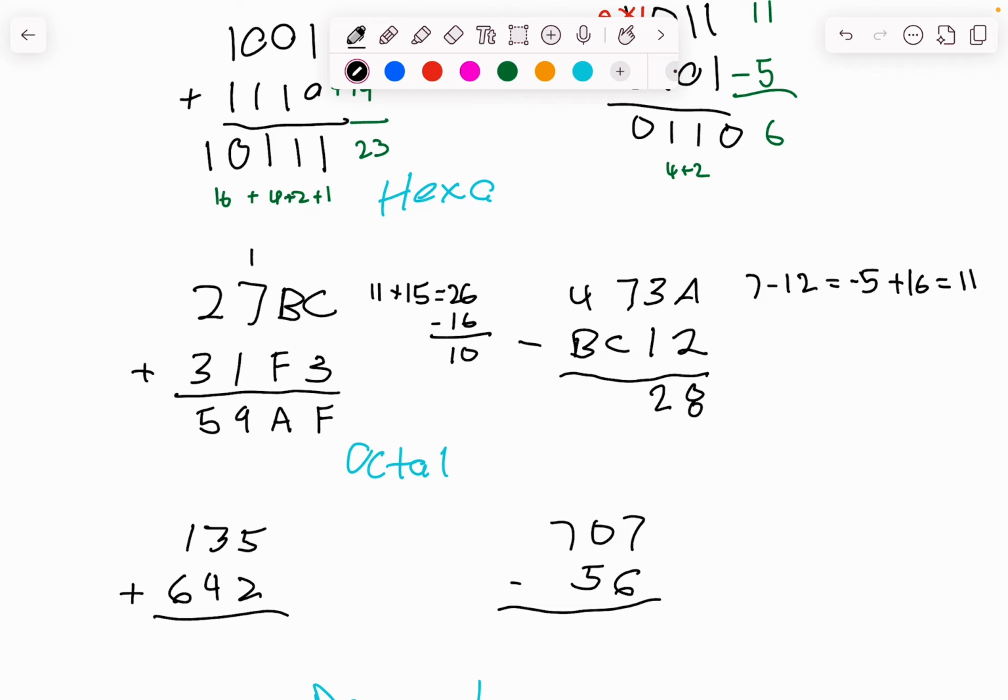So that is B. Since we had to borrow, we take this 4 and turn it into a 3, and then we do 3 minus 11, which equals negative 8, but then you add 16, and you get 8. So we get 8.